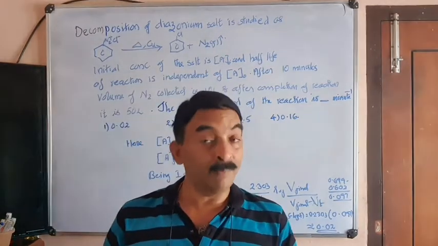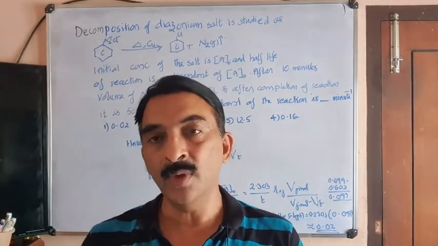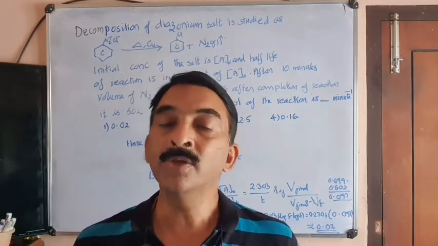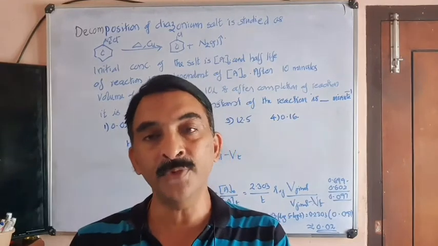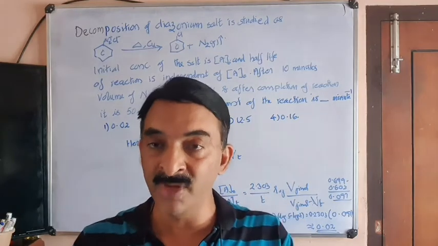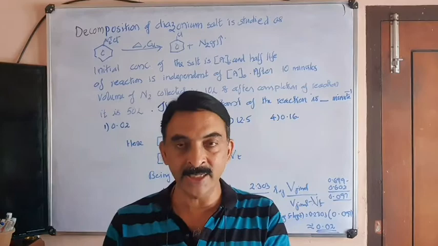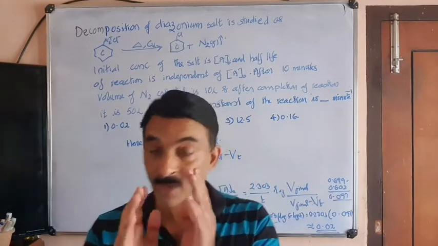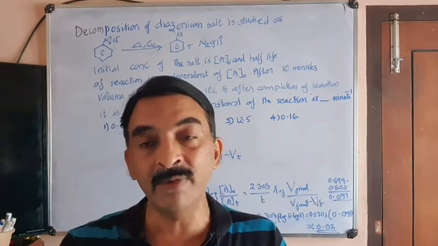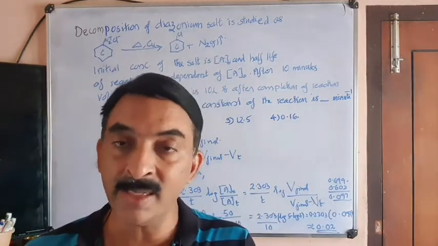But in the first order reaction equation, we have initial concentration and remaining concentration, isn't it? So the remaining concentration of diazonium salt will be proportional to V initial minus Vt of nitrogen decomposed. V final is the initial, so V final minus Vt will be proportional to the concentration remaining at a given time.